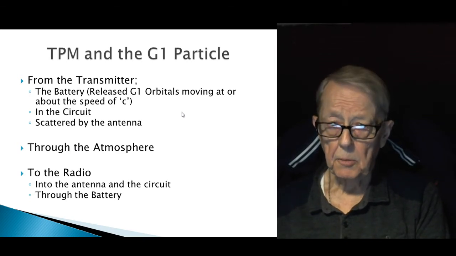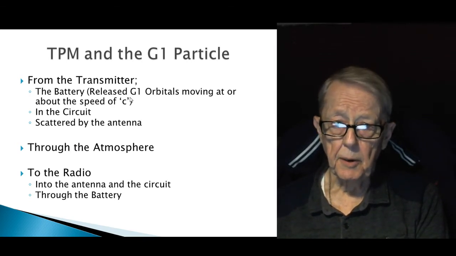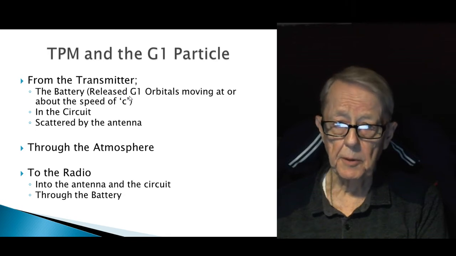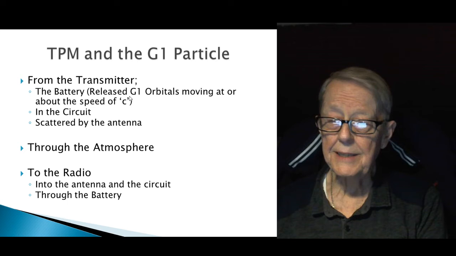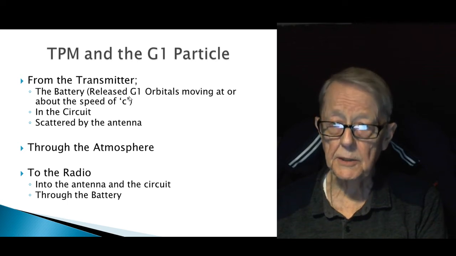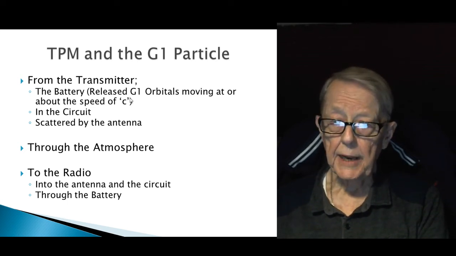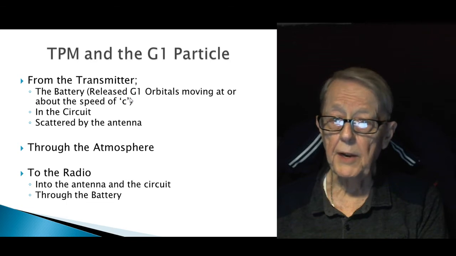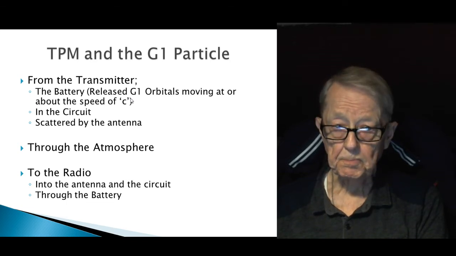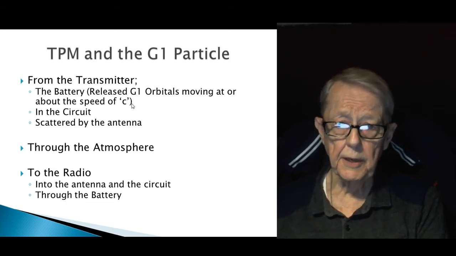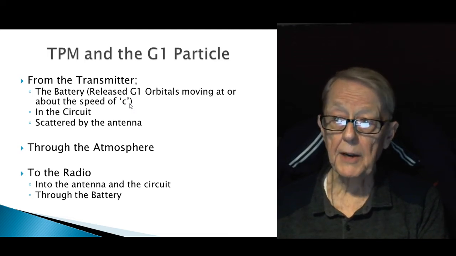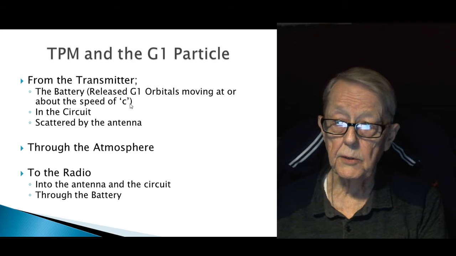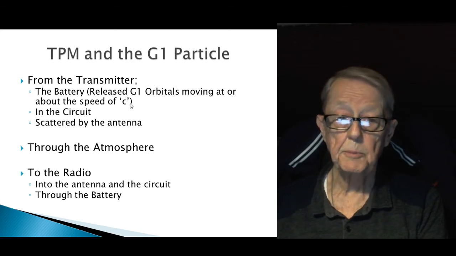In the particle model, the TPM and the G1 particle, from the transmitter, the battery releases G1 orbitals. So it's releasing G1s, and they were orbitals moving at a very high speed. And they move from the battery into the circuit. So the electrons, they say, move at 3.2 meters per second.